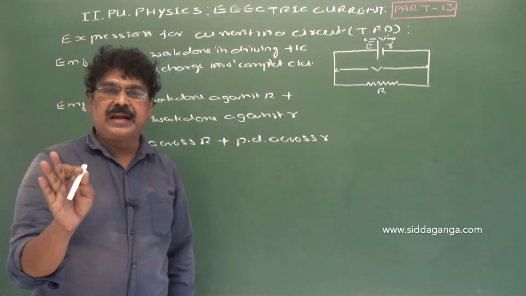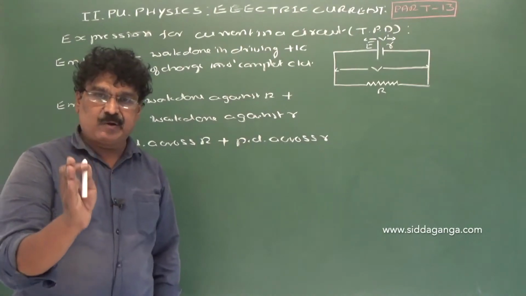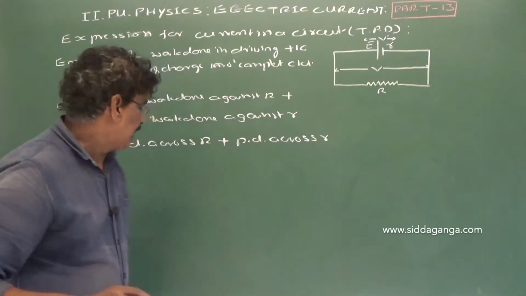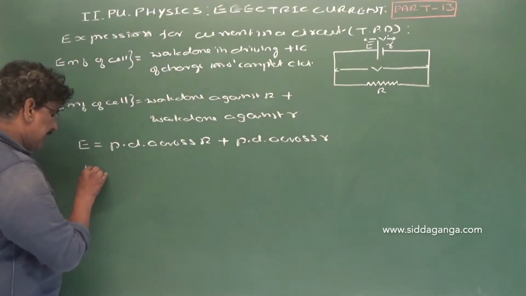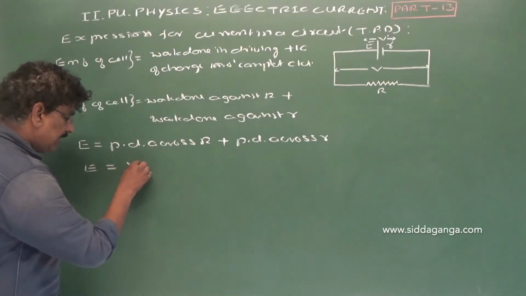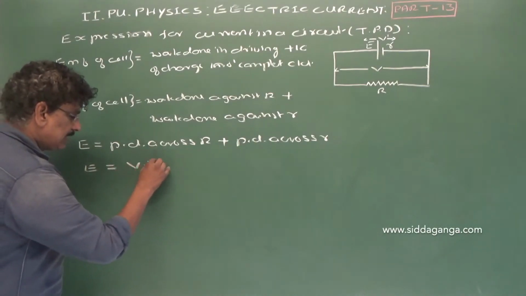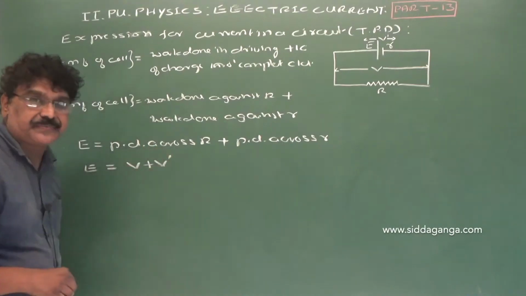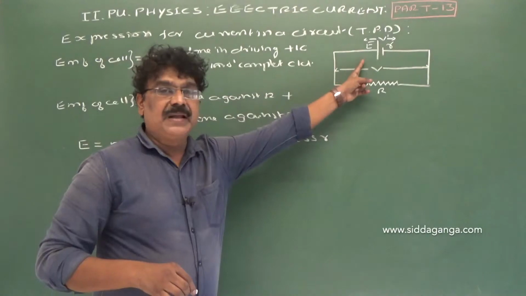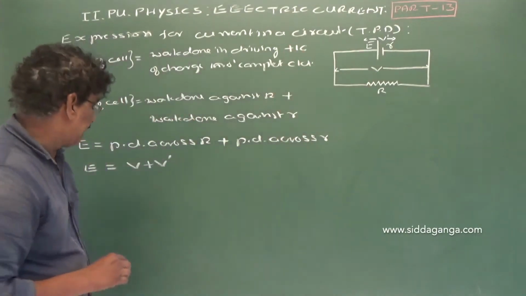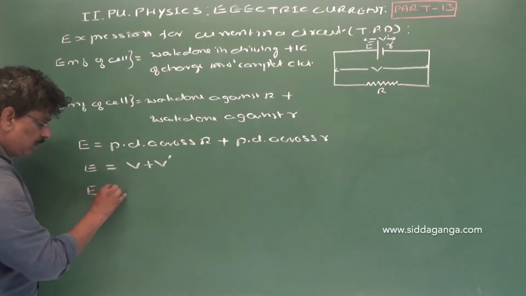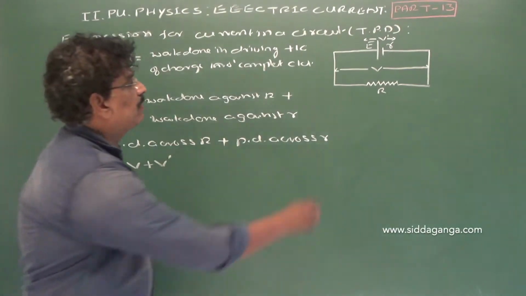Remember that V is equal to potential difference is equal to IR, right? Now the EMF of cell E is equal to V plus V dash: potential difference across external resistance plus potential difference across internal resistance.